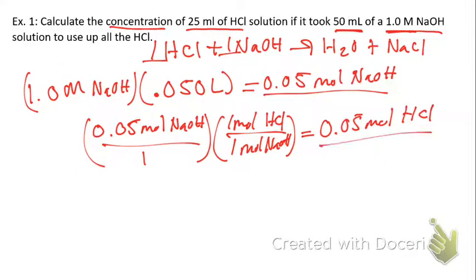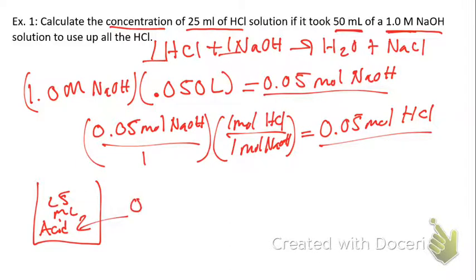So that's the number of moles that we started with in our flask, before we started adding base. So in the 25 milliliters of the acid, which is HCl, we now know that the number of moles is 0.05 moles of HCl.